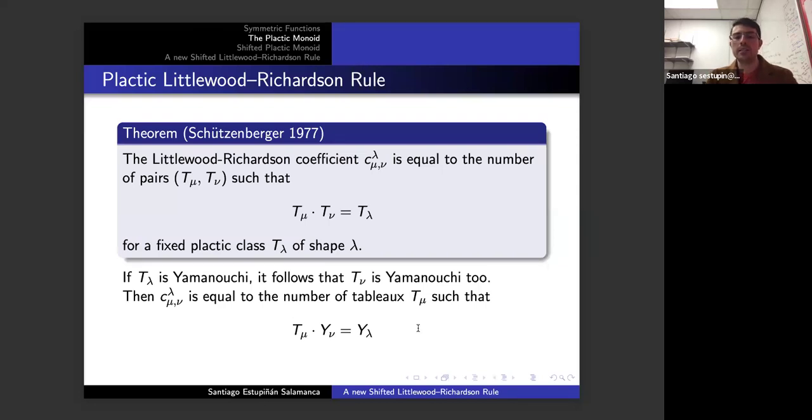And from this equality, there is a proof of the ordinary Littlewood-Richardson rule for Schur functions, though I am not certain of the details because there seem to be many papers about this. And the hope here is that we can emulate this strategy in the shifted setting to prove the existing shifted Littlewood-Richardson rule.